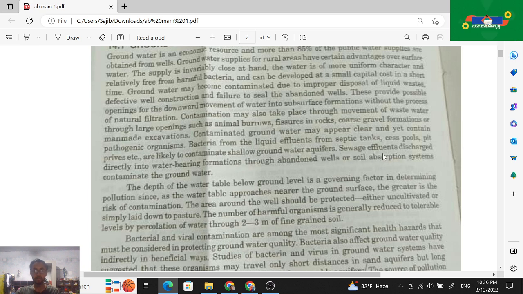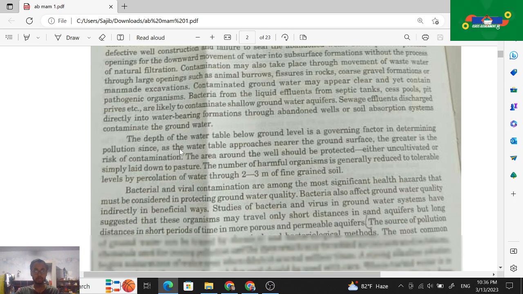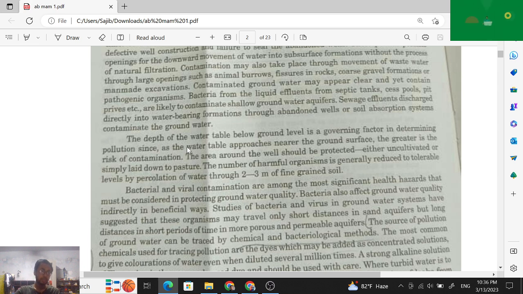Seepage effluents discharged directly into the water-bearing formations through abandoned wells or soil absorption systems contaminate the groundwater. The depth of the water table below the ground level is a governing factor in determining the pollution, since the nearer the water table approaches the ground surface, the greater the risk of contamination.